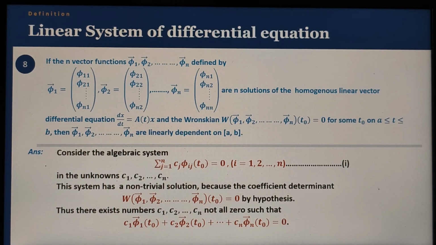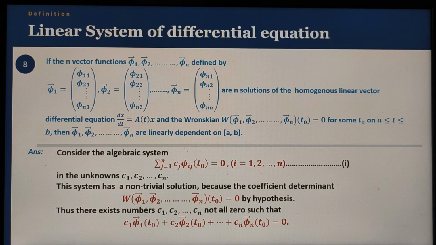Okay, so consider the algebraic system, because we already see this type of expression, the summation, j equal to 1 to n, cj phi j(t0) equal to 0 in the unknowns c1, c2, cn. Okay, so this system has a non-trivial solution because the coefficient determinant is equal to 0 at t0.